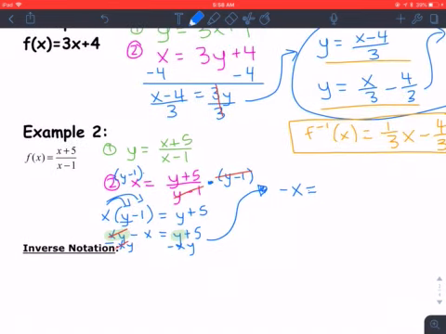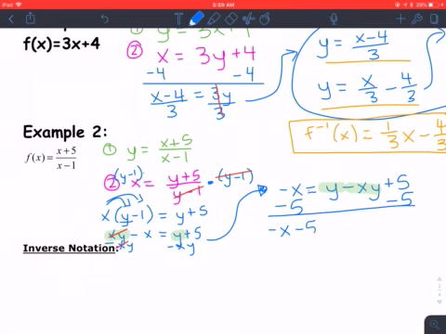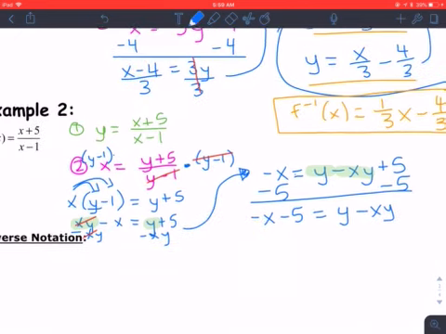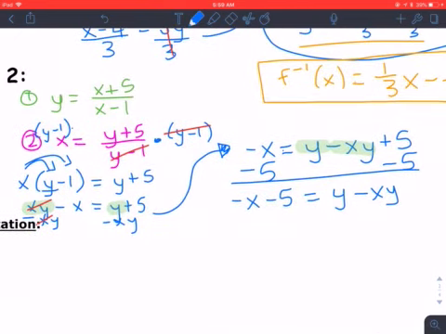On the right side, I have y minus xy plus 5. Okay, and I just want to keep only my y terms here. So I'm going to get rid of that 5, subtract it from both sides. So negative x minus 5 equals y minus xy.